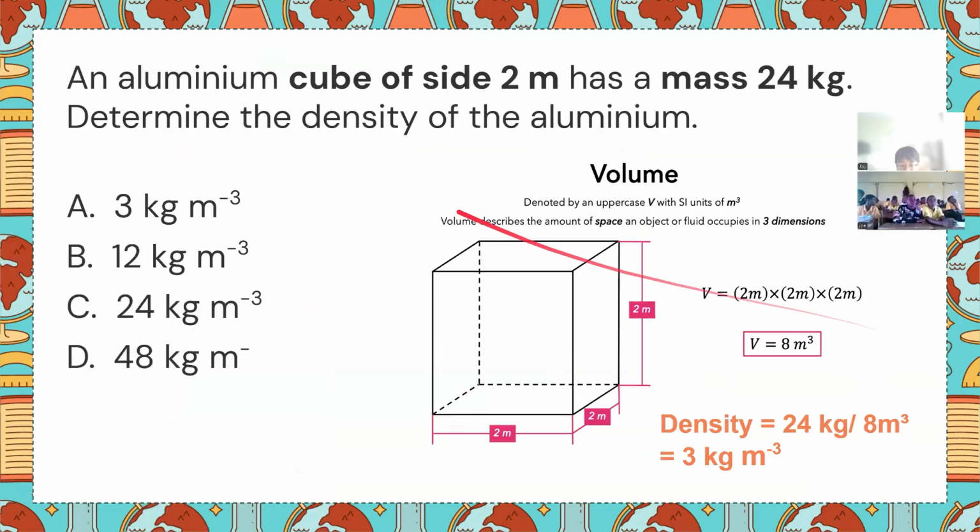But now let's move on to this next question. An aluminum cube of side 2 meters has a mass of 24 kilograms. So 2 meters and 24 kilograms. Determine the density of the aluminum. So we are trying to find the density.